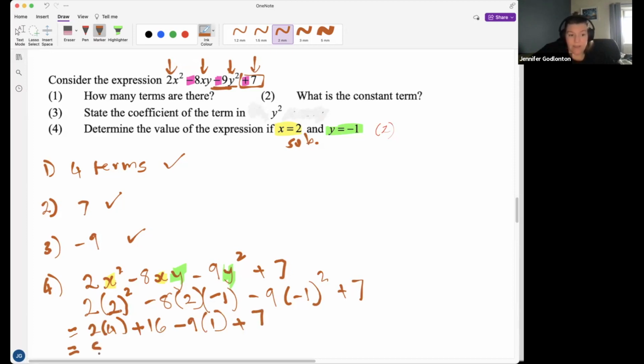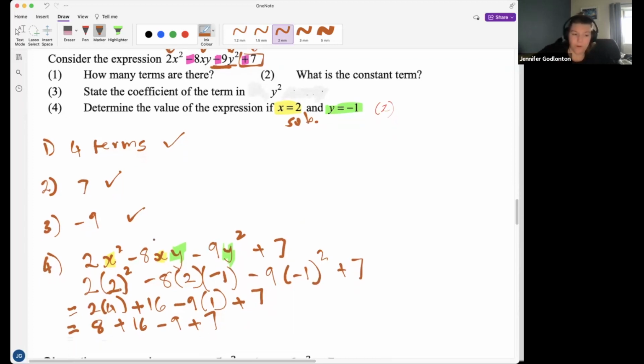Okay, so we're going to have 8 plus 16 minus 9 plus 7. What does that give us? 22. If you don't put what you need to put in brackets, you're not going to get the right answer.